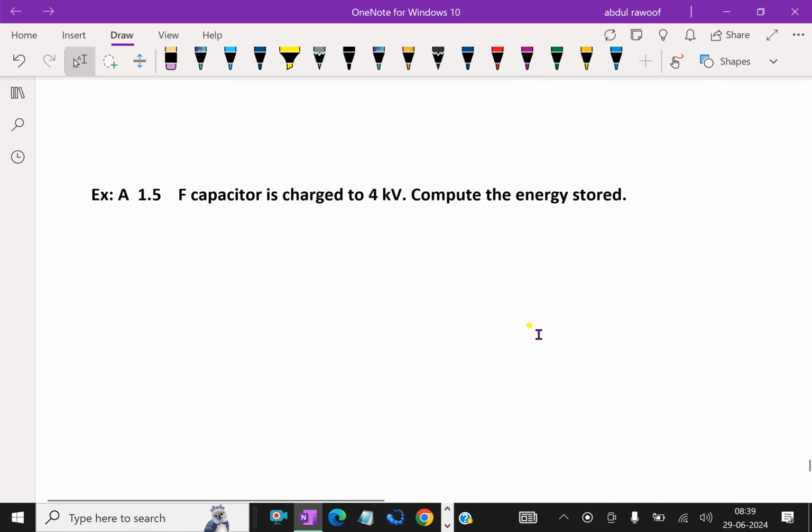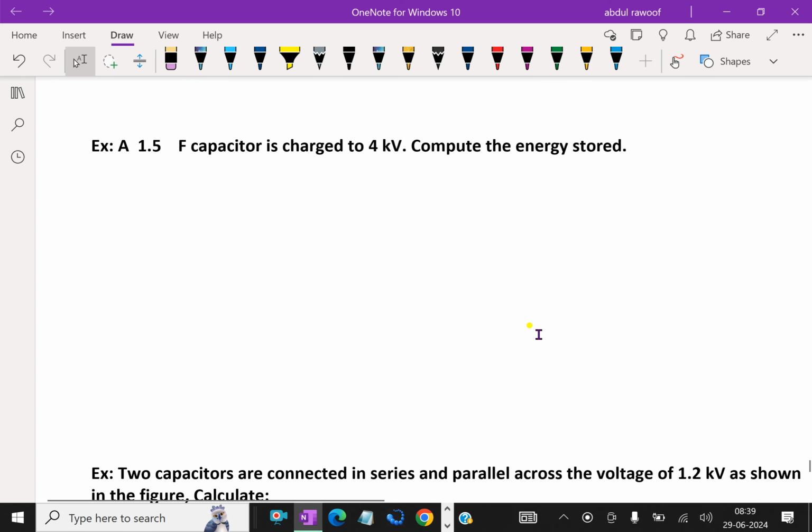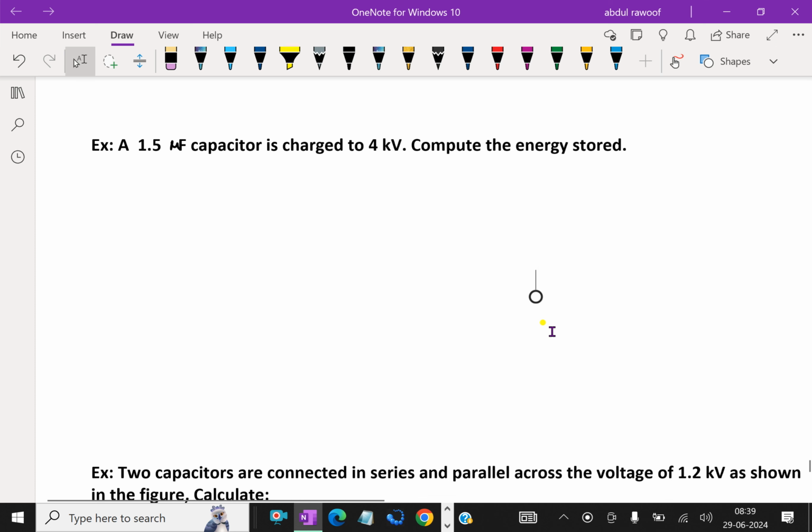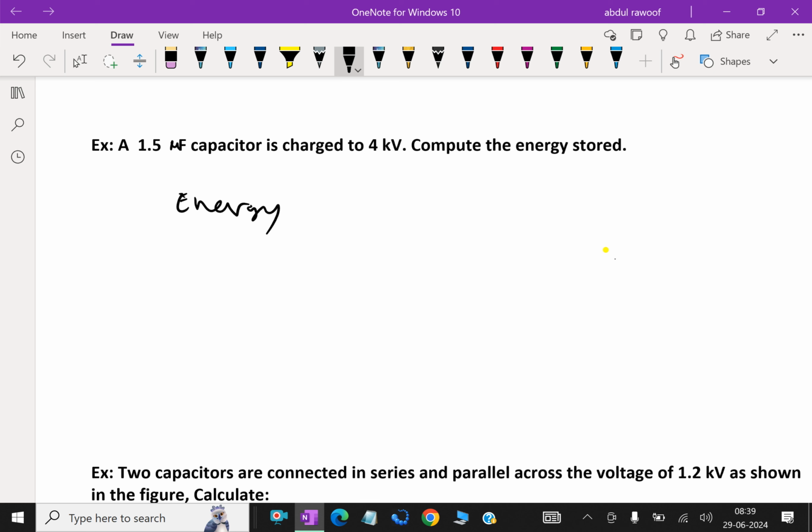Next question, a 1.5 microfarad capacitor is charged to 4 kilovolt. Compute the energy stored. Energy stored equals half QV.